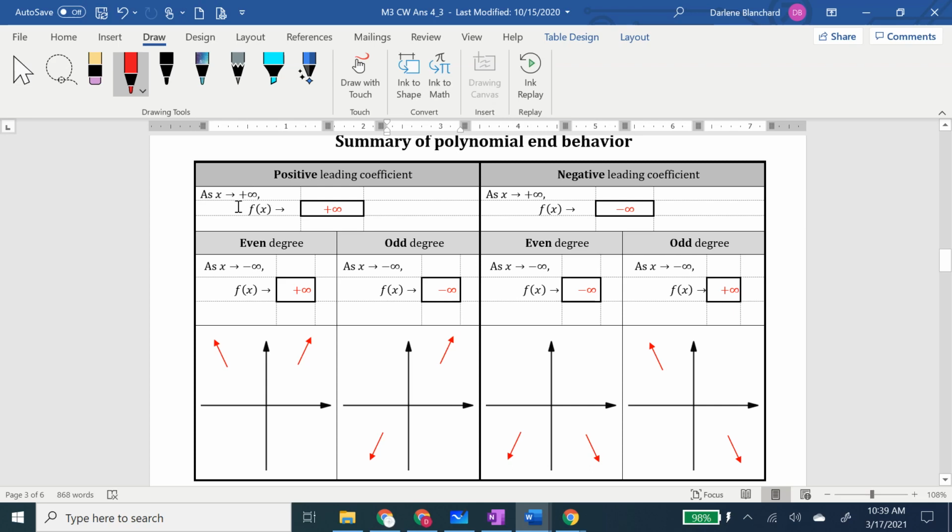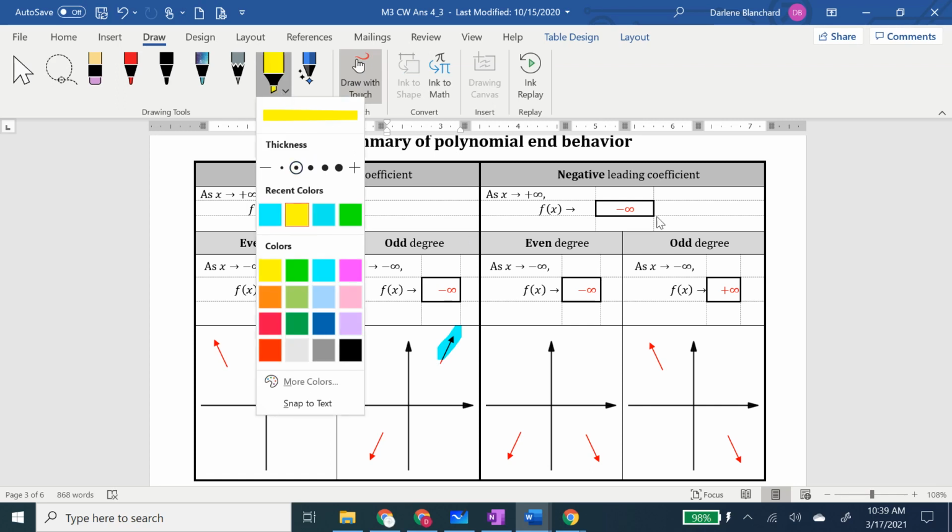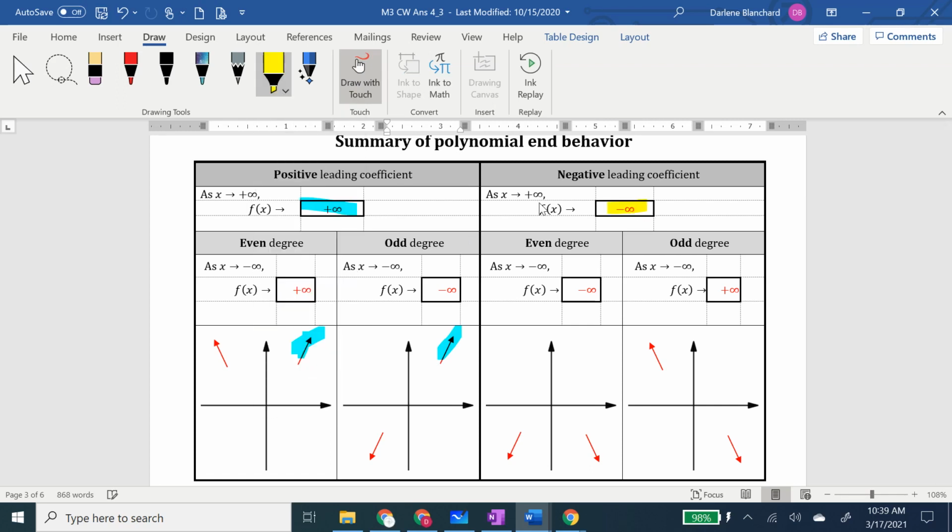As x approaches positive infinity, f of x is approaching positive infinity, and that means the right end is up because of that. If you have a negative leading coefficient, then when x heads to positive infinity, f of x heads to negative infinity, and that means that your right end is heading down.